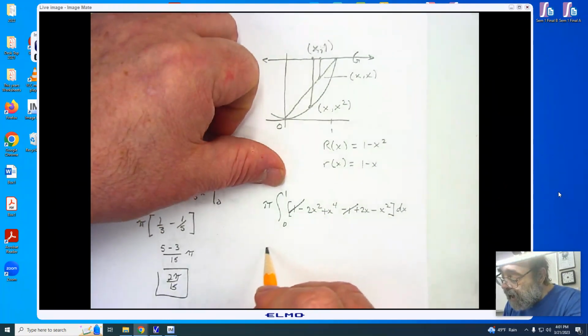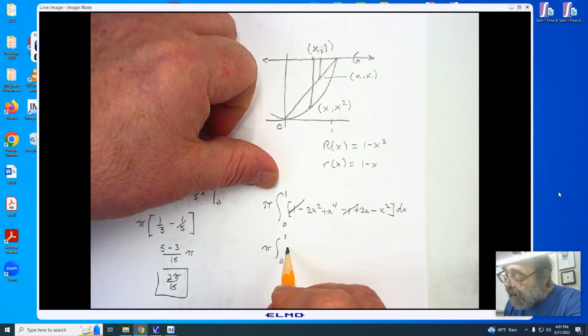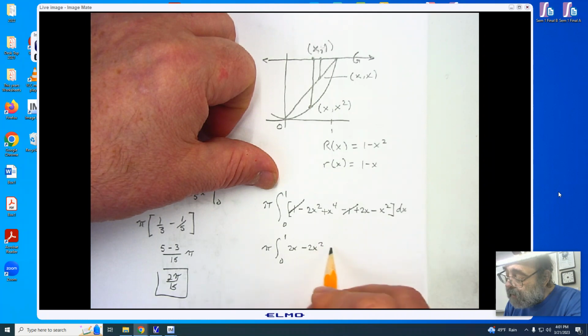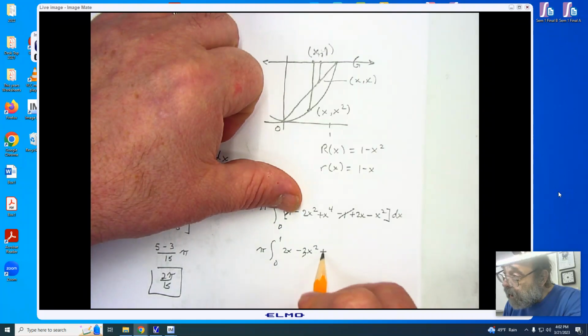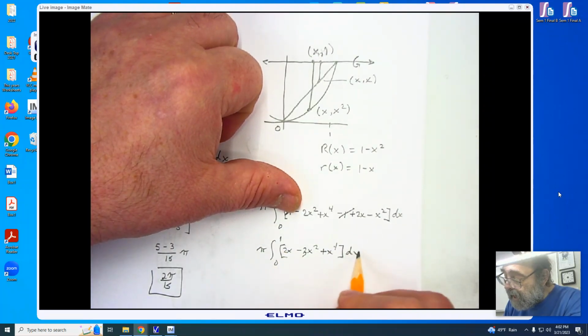And I'm now looking at pi integration 0 to 1. And I have 2x minus 2x squared. Wait a minute. Minus 3x squared plus x to the 4th dx.